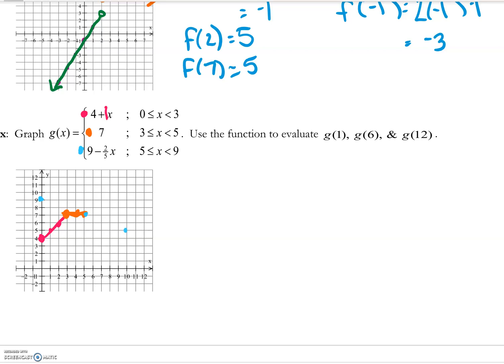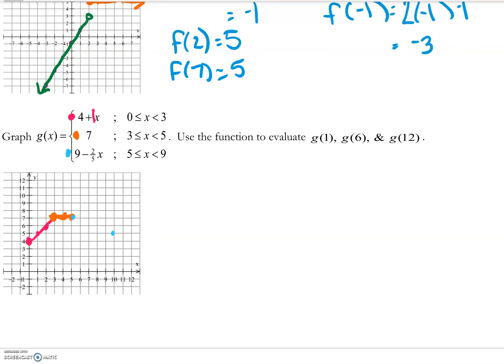And if I had room, I would keep going. I only want x values in between the numbers 5 and 9. So I'll get rid of this one. And when I connect my dots, I notice that I'm kind of left in the middle here with an open circle. Okay, so we're only really taking care of those points.